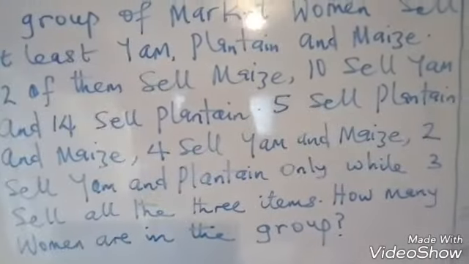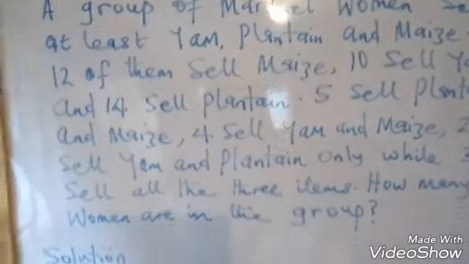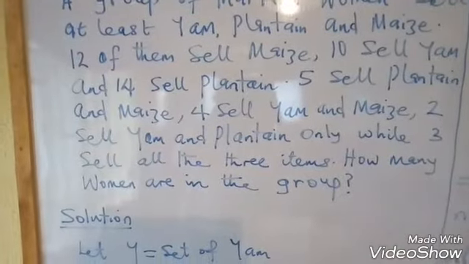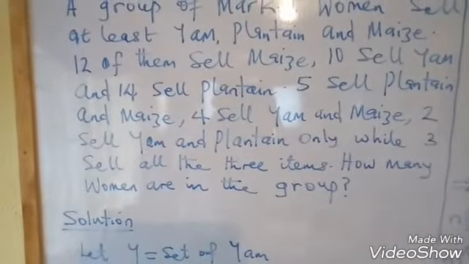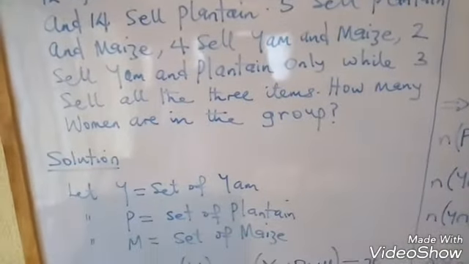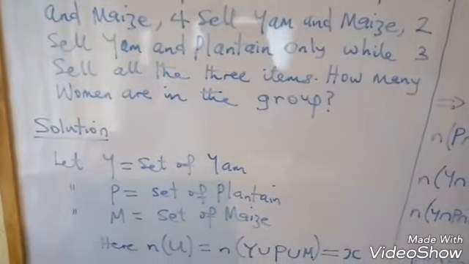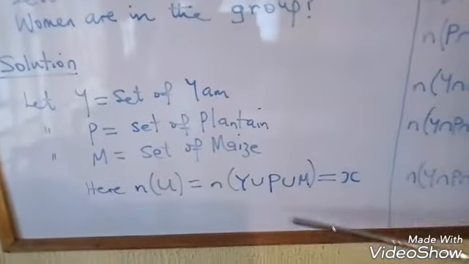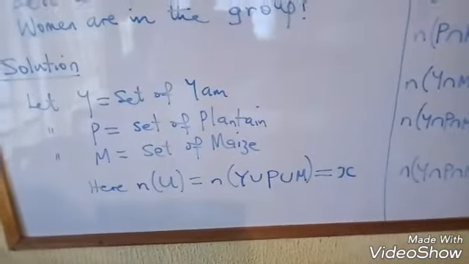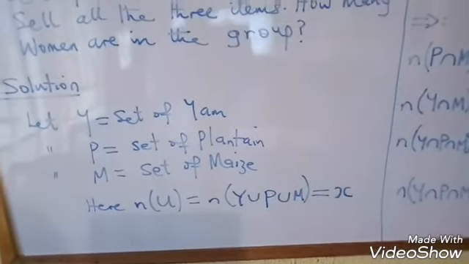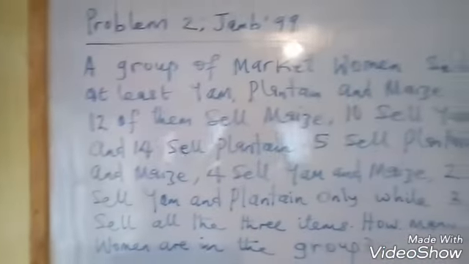Now the solution. Let Y equal the set of yam, P equal the set of plantain, M equal the set of maize. And then here, n of U is equal to what? n of Y union P union M equals x. What does that mean? From the question, the group of women sell at least yam, plantain, and maize.